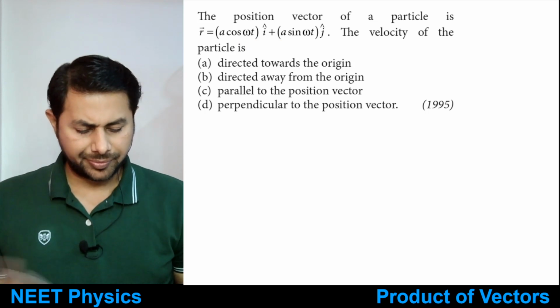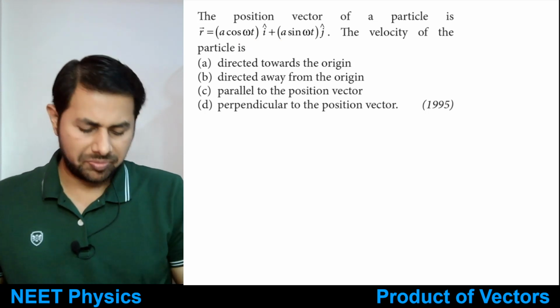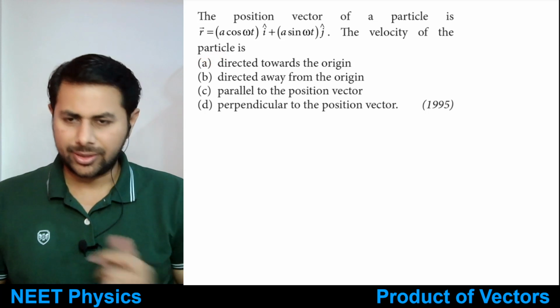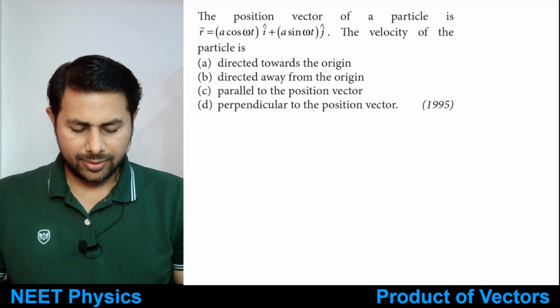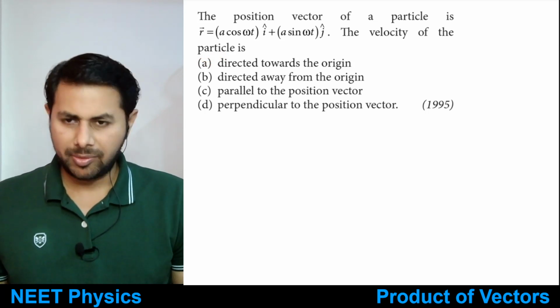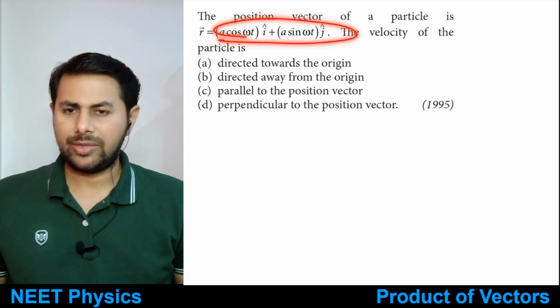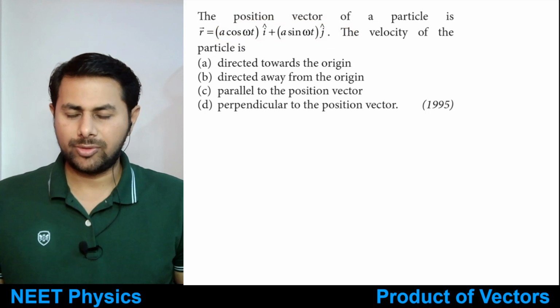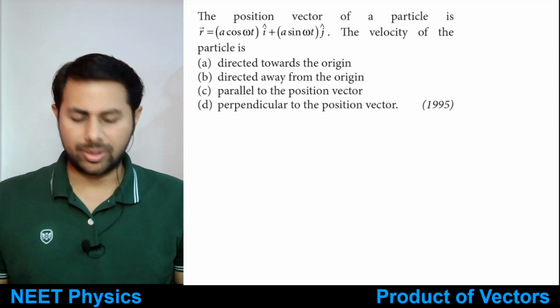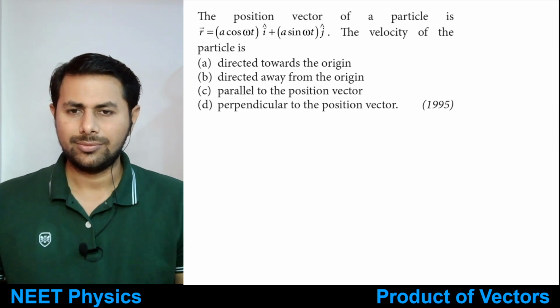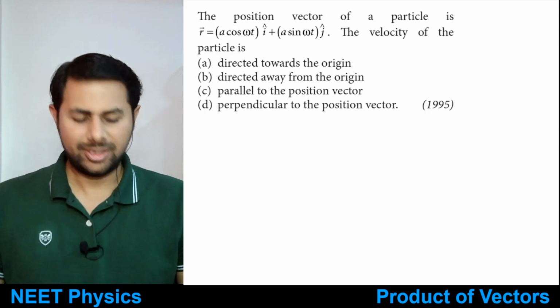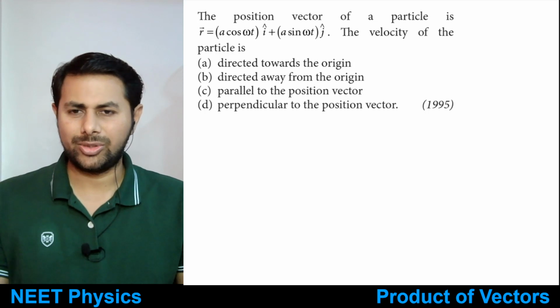May not be the same exact question, maybe options were different, but this is the position vector of a particle which is moving in a circle, which is performing uniform circular motion, right?